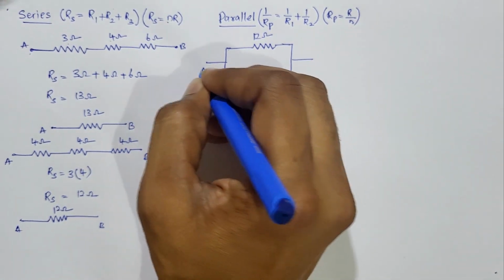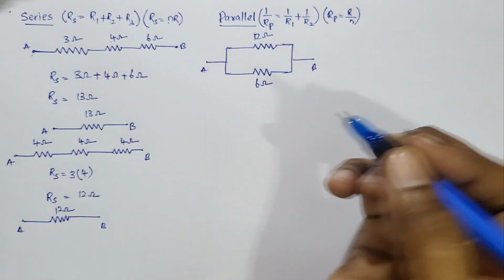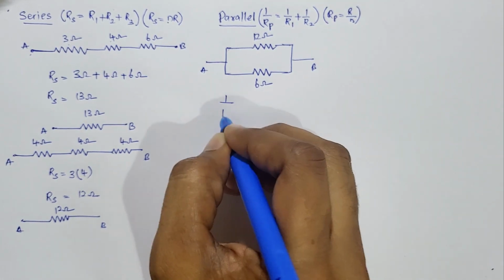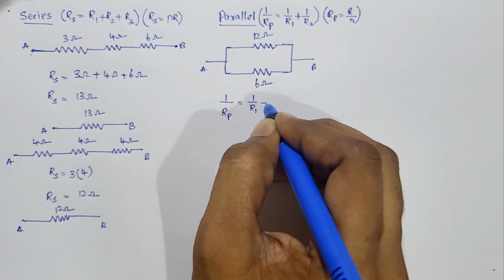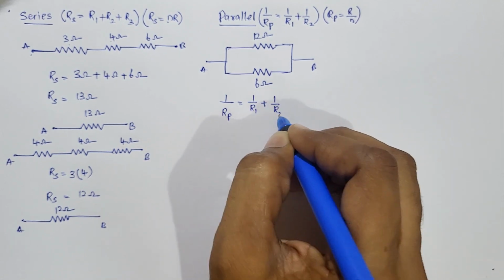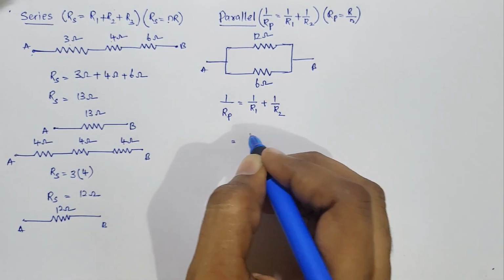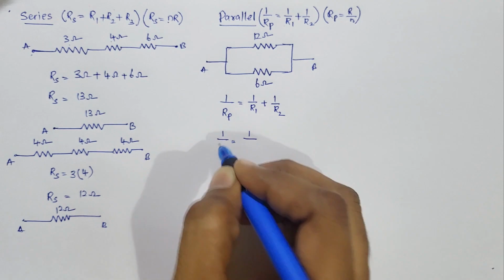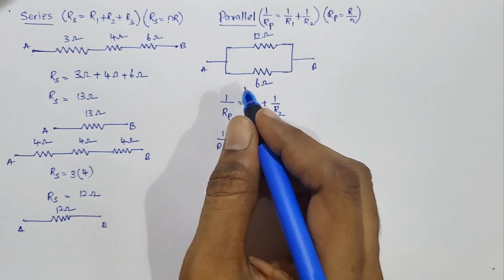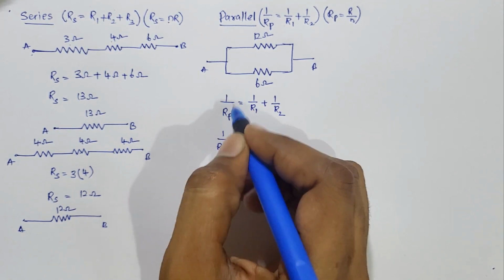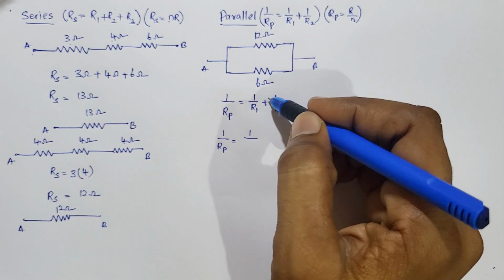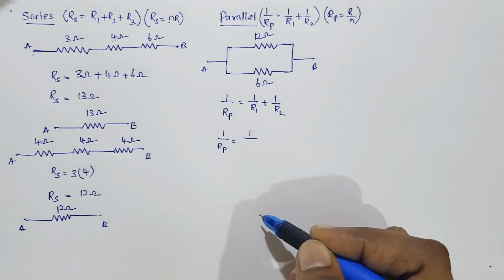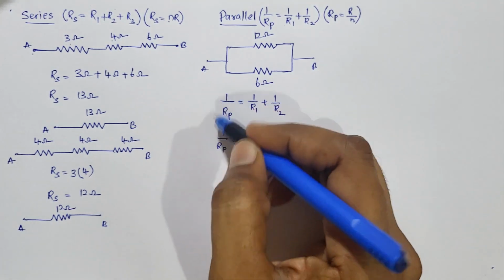This is terminal A and this is terminal B. So the formula is 1 by Rp is equal to 1 by R1 plus 1 by R2. That will be equal to 1 by... Imagine what the children will make a mistake on: here it is 1 by Rp. Keep this in mind clearly. You will go on solving this perfectly, but you will forget that here it is 1 by Rp.